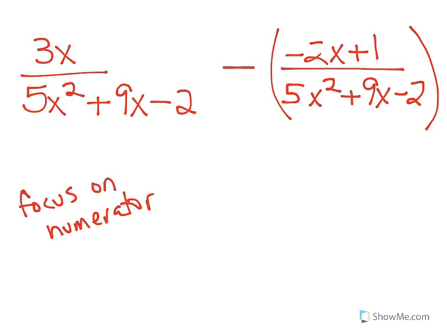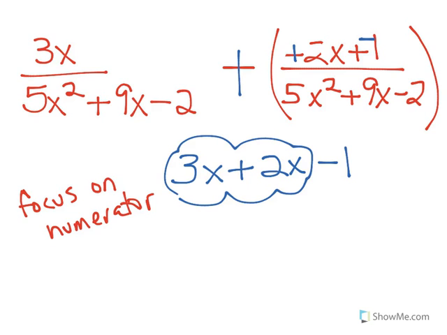rational expression. So if we're subtracting, it's as if we are adding the opposite of each one of those terms. So if we're going to focus on the numerator, we have 3x's plus now 2x's minus a 1. We do have some like terms here. 3x's plus 2x's is 5x, and then minus the 1, the constant.